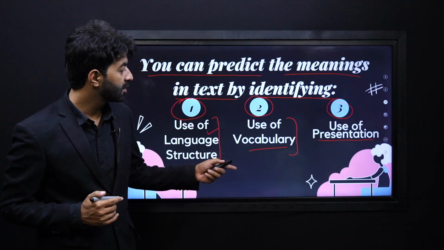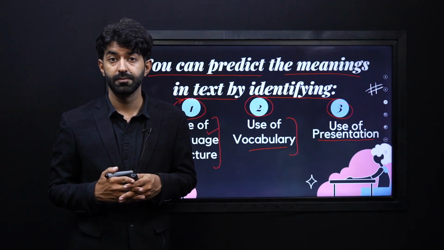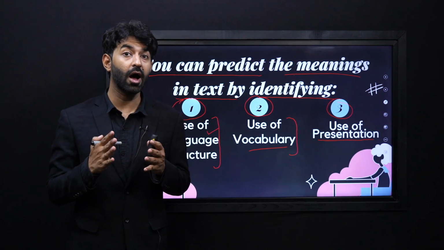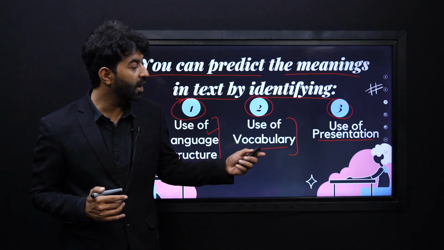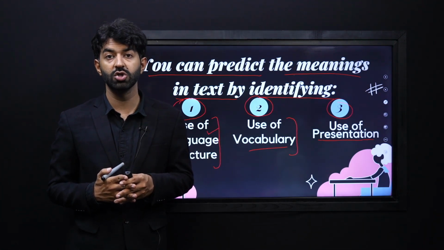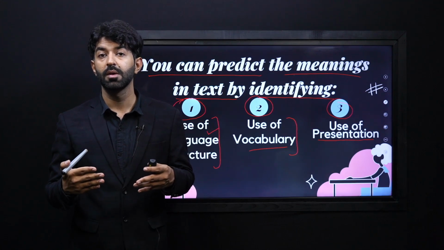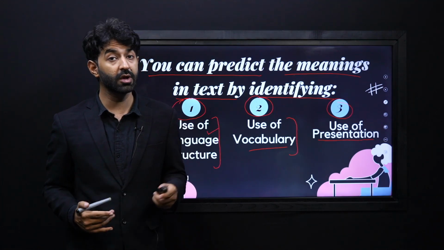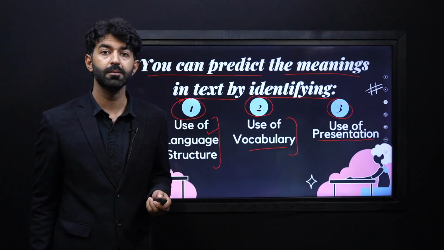Next one is use of vocabulary. We will see what kind of vocabulary is used and how it is used. And the third one is use of presentation: how the text is presented before you, and in what way and in what manner. We will be seeing these three things one by one.